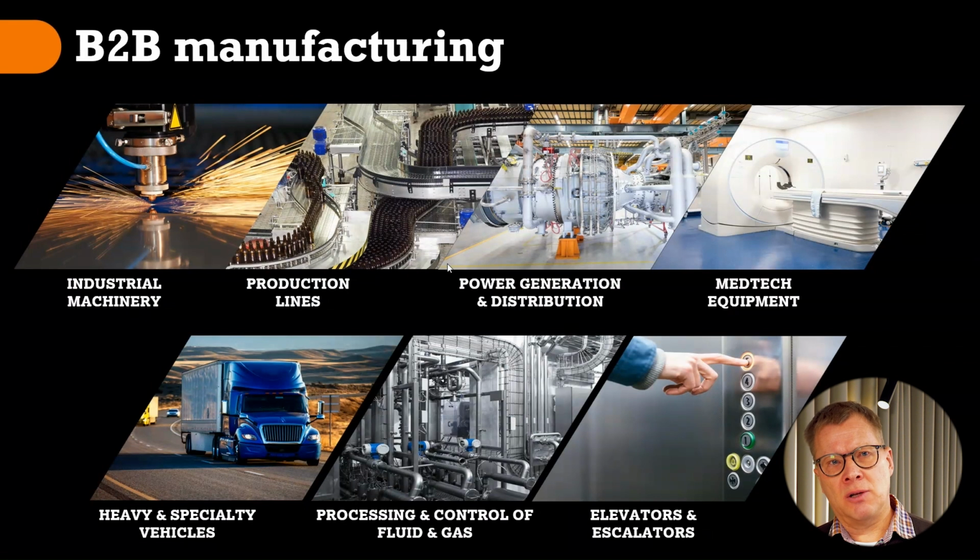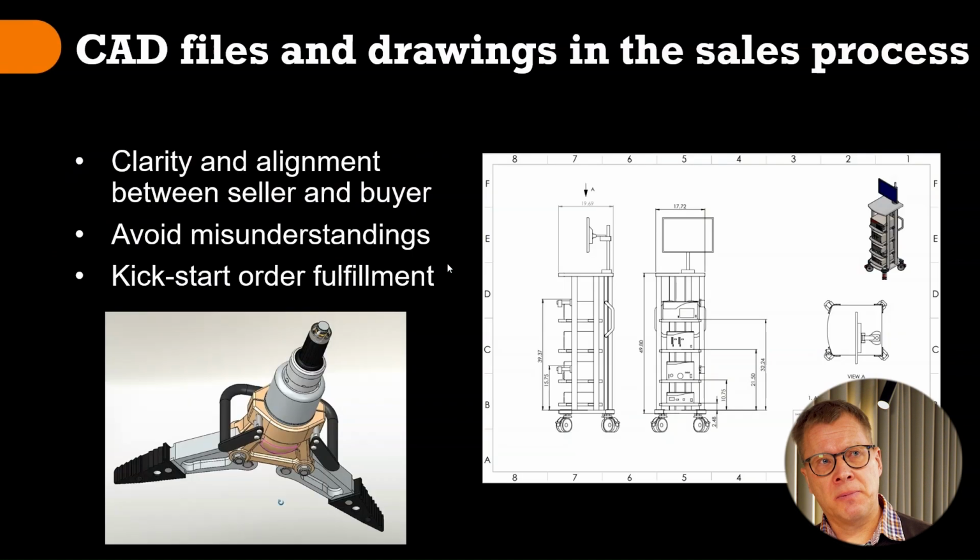But one aspect of this is the CAD files and the CAD automation part, where CAD files and drawings are oftentimes very important in the sales of these assets and equipment. And it has multiple purposes and benefits.